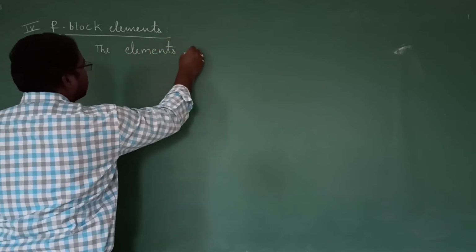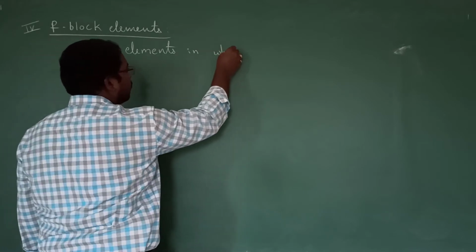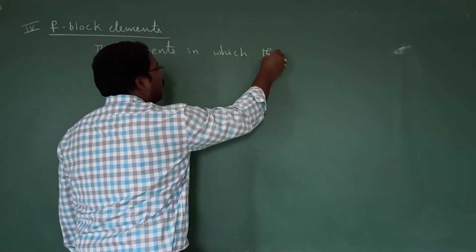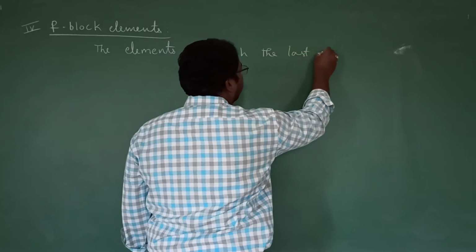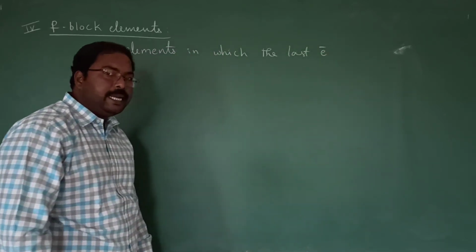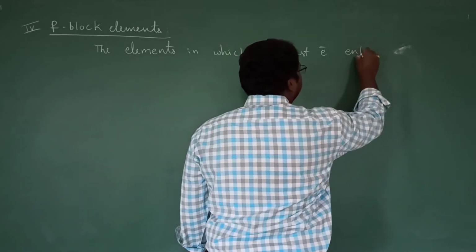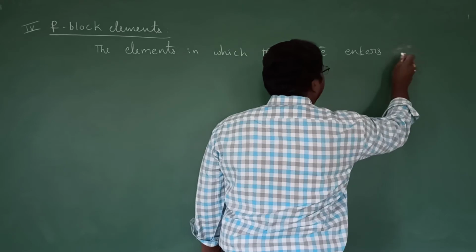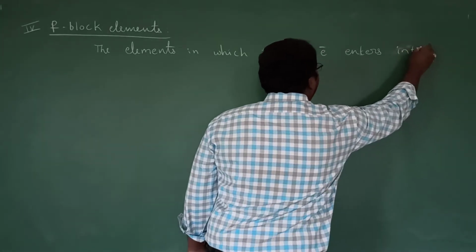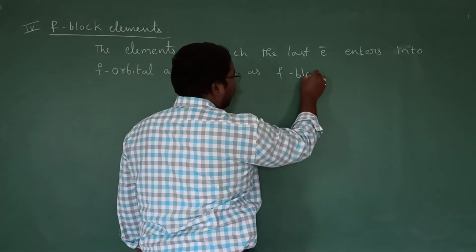The elements in which the last electron, meaning the differentiating electron, enters into the F orbital are known as F block elements.